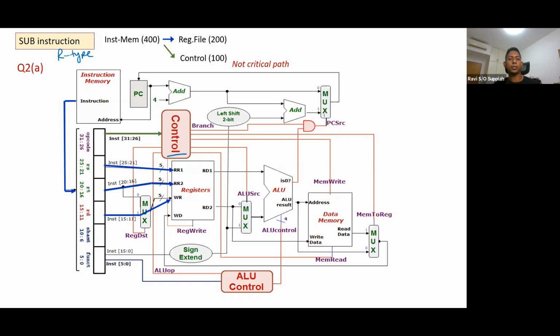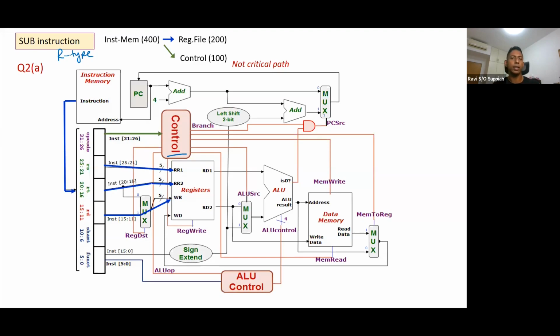Generally, register files are treated like a memory, and memory access is usually quite slow compared to other types of logic blocks. The control unit, though we didn't go into the details of how it is designed, is built using basic logic gates, which are much faster compared to the memory type structure used in the register file.